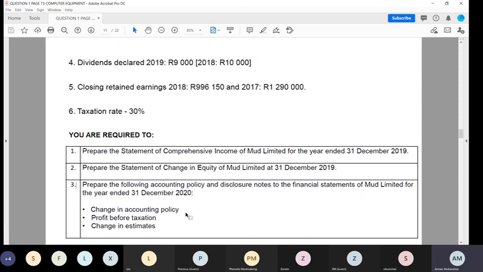You will see in this example the change in accounting policy note, profit before taxation, and change in estimate. These two we'll deal with next week when we deal with change in estimate. The focus for today is change in accounting policy in relation to borrowing cost.